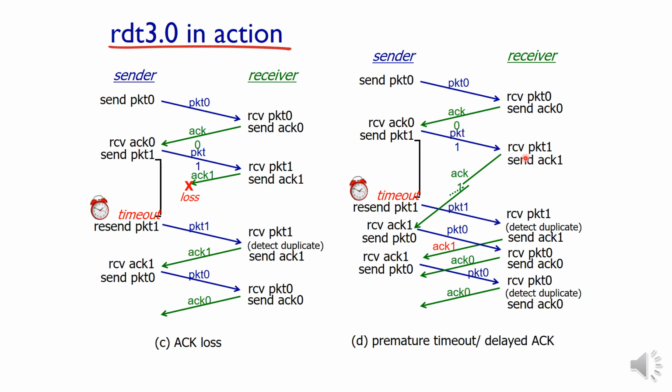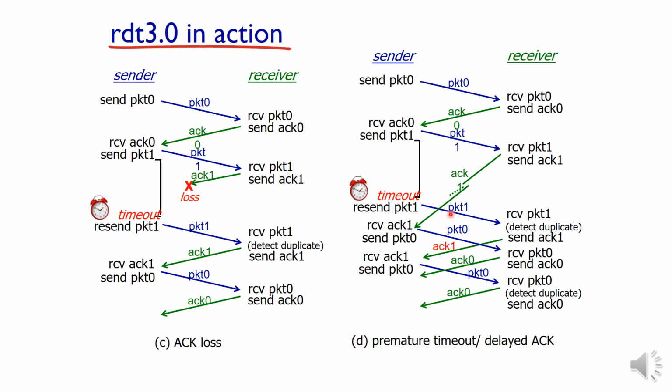The acknowledgement is also sent, but it is delayed and not received within a reasonable amount of time. So the sender thinks that something happened to the acknowledgement, that it may be lost or it may be delayed. The sender is unaware, so it sends the same packet.